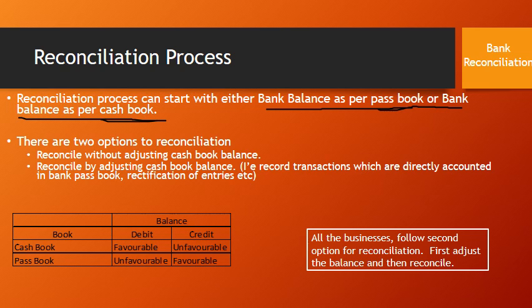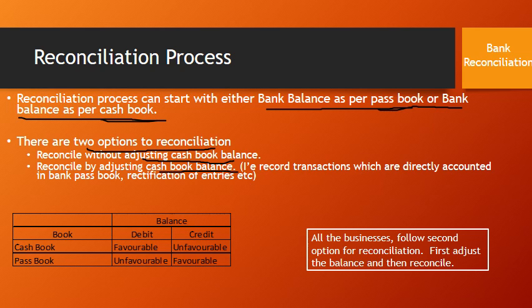There are two options for reconciliation. One is to reconcile without adjusting cash book balances, and the second one is to reconcile by adjusting the cash book balances.